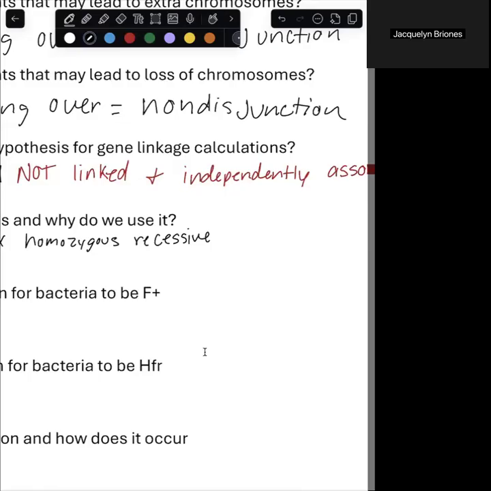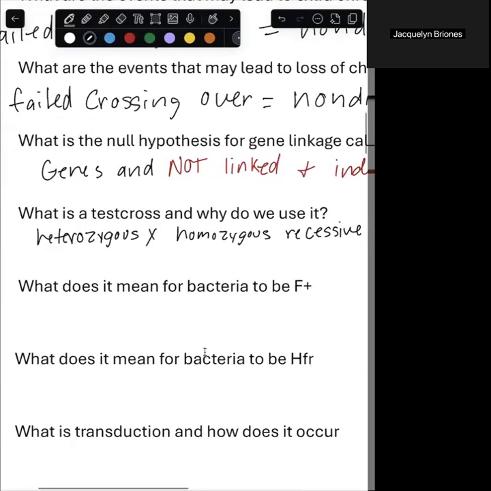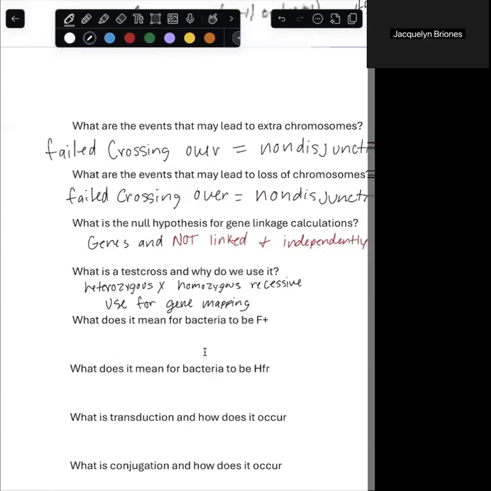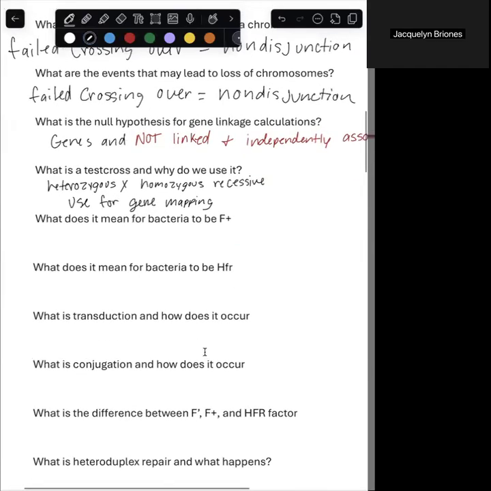And we use it for gene mapping. Based on the test cross, we can see how far or how close genes are based on how much or how little they assort.